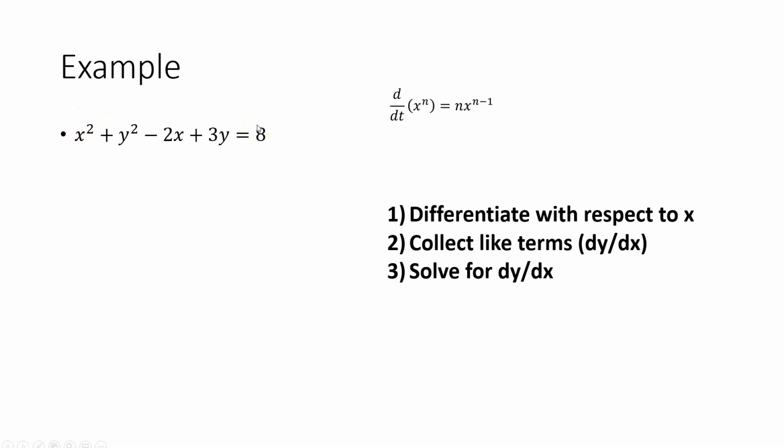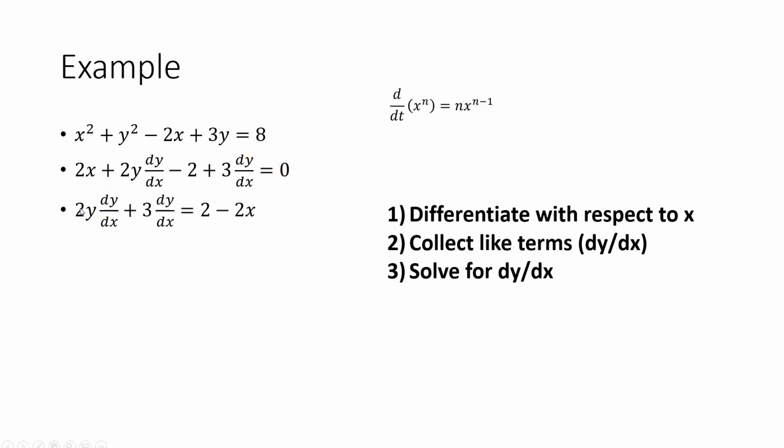Taking each one of these derivatives, you end up with 2x plus 2y dy over dx minus 2, since that derivative would just come to 2, and then 3y becomes 3 dy over dx, is equal to 8. So we did step 1, differentiate with respect to x.